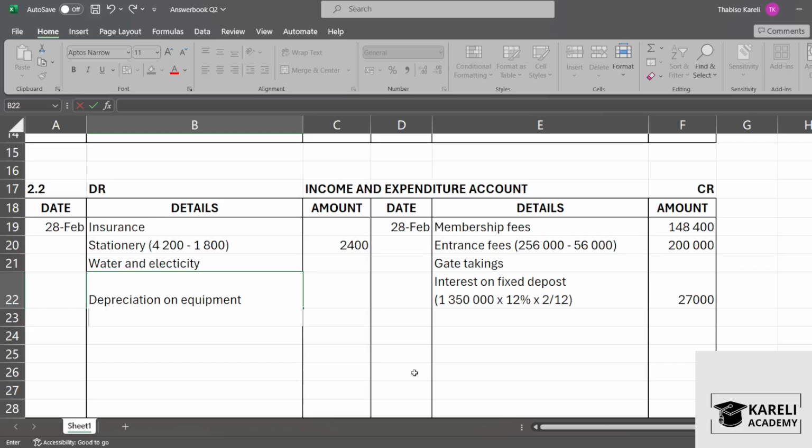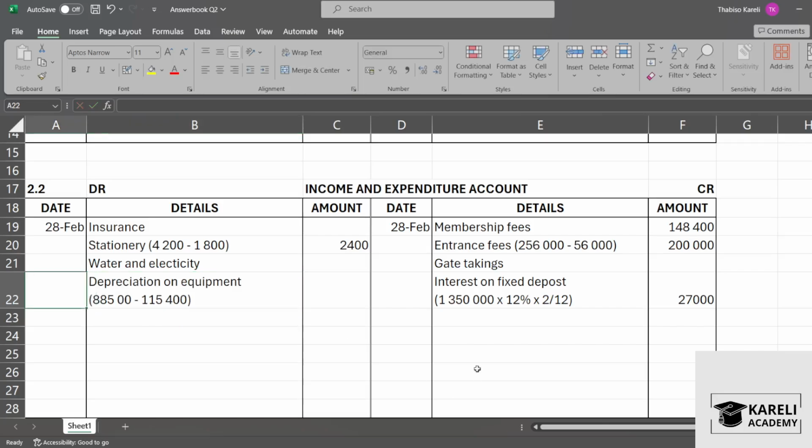Remember, they say diminishing. Therefore, it should be cost price 885,000 minus the accumulated depreciation. On diminishing, you always subtract accumulated depreciation from the cost price. But if it's on cost, you only use the cost price to calculate this depreciation. So the answer that we get, we multiply by the percentage given, that is 15%.